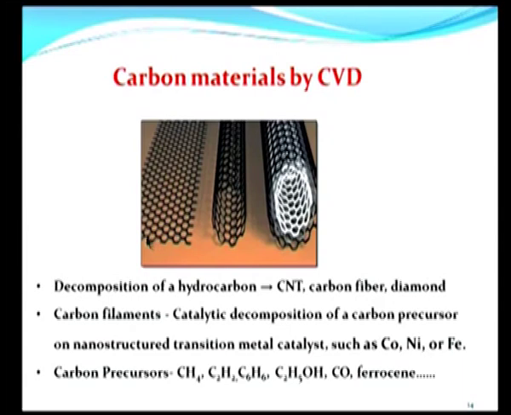What is seen here is the two dimensional graphite lattice, which is actually the graphene sheet. It turns out that graphene, single walled carbon nanotubes, multi walled carbon nanotubes, all of these can be produced by essentially the same chemical vapor deposition method using a variety of precursors.